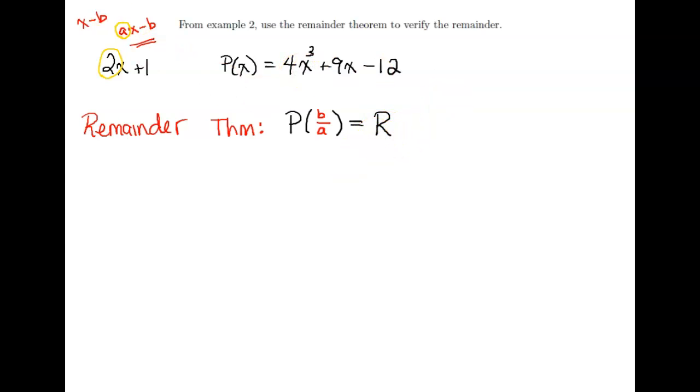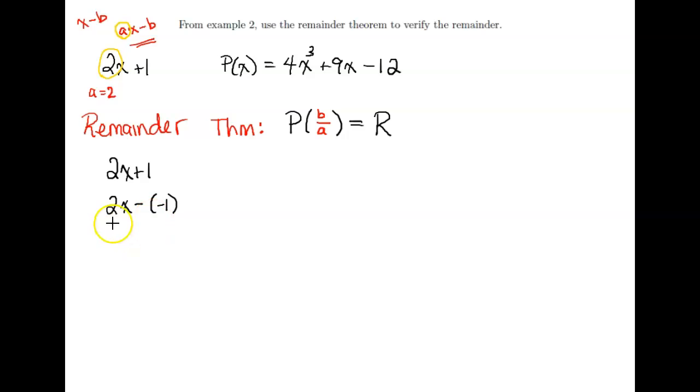Well, let's take a look. So that means 2 is my a, and because it's a minus b, let's take a closer look at this. I'll bring it down here: 2x plus 1. For a traditional ax minus b, we need a minus in there, so I can rewrite this as 2x minus 1, because a negative times a negative is a positive.